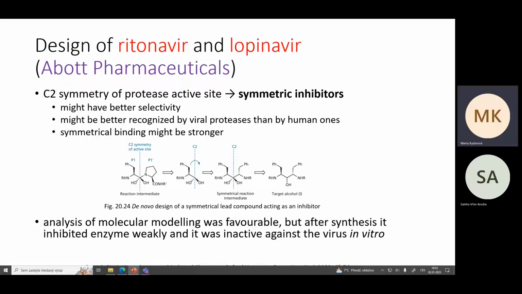Another example focuses on antiviral agents. So we are back in the 80s of the last century, with ritonavir and lopinavir that act as protease inhibitors.